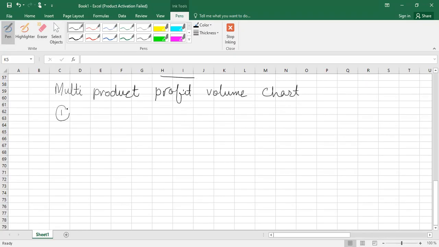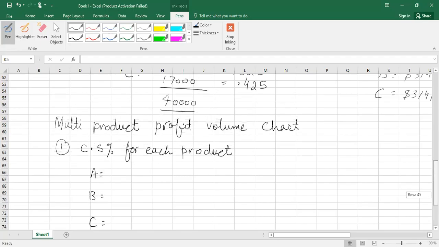Step number one is contribution to sales ratio for each product. We have already calculated total contribution and total revenue for each product. So we will use this data.